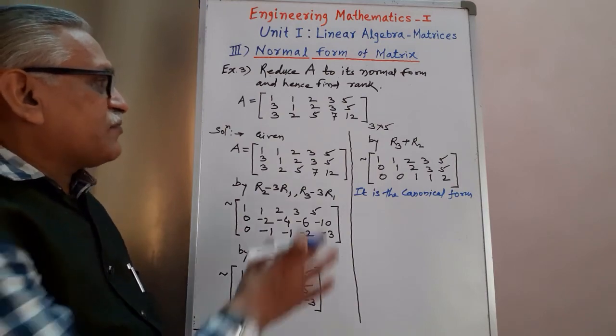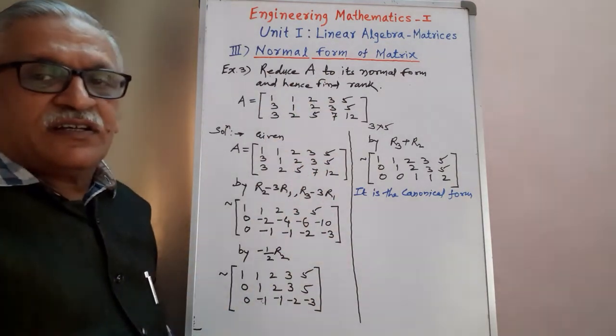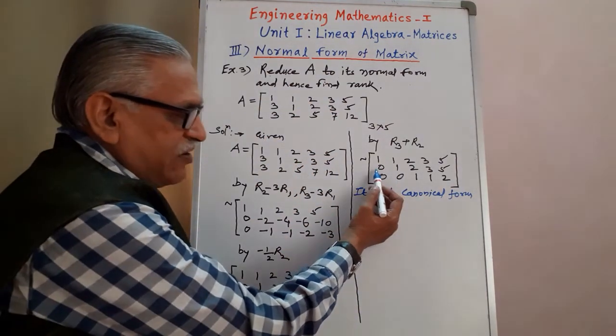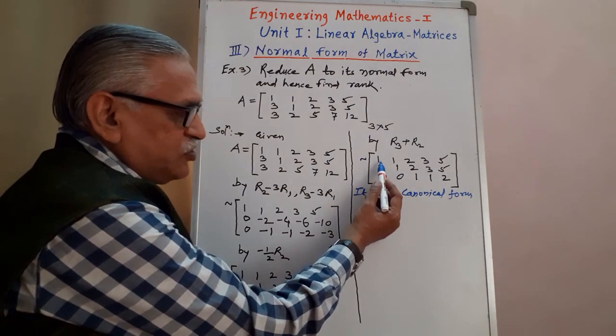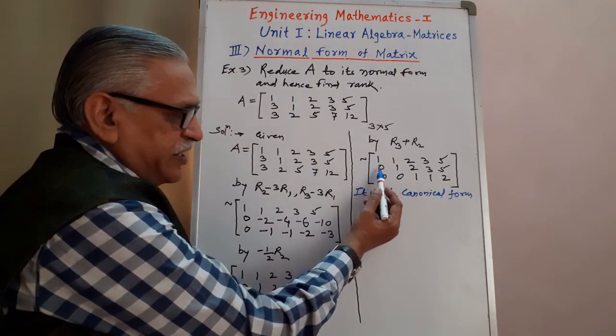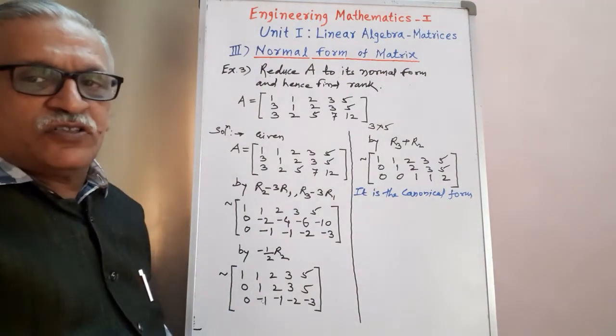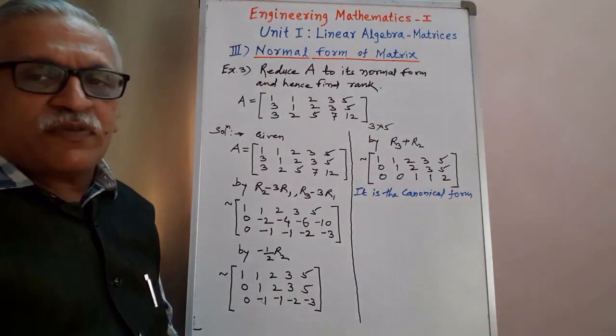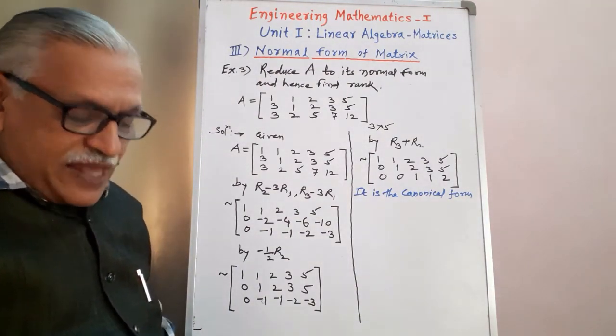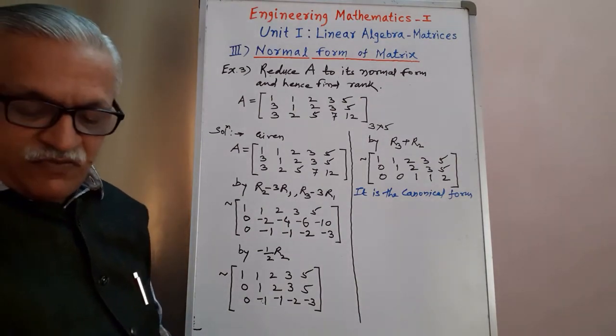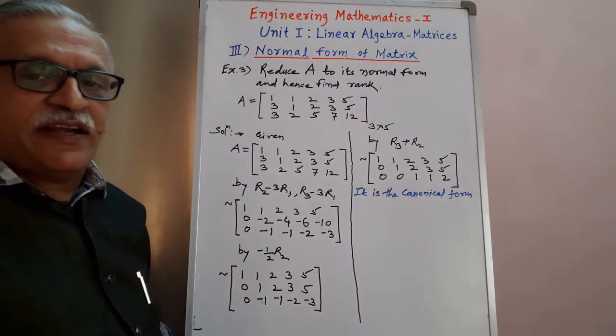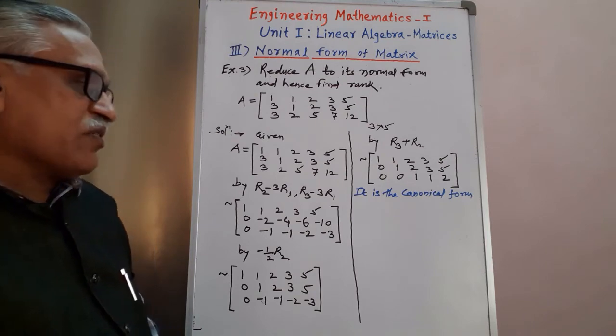Suppose the problem is to determine the rank only, then the rank of the matrix is the number of non-zero rows. First, second and third, all rows are non-zero. Therefore the rank of that matrix is 3. And as the rank is 3, we must get an identity matrix of order 3 in the normal form.